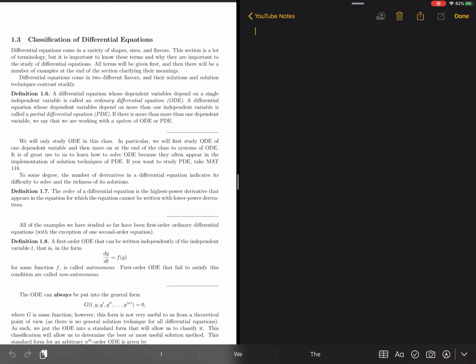But the idea is that everything we study in this lecture series only revolves around a single independent variable. So yes, we can talk about partial differential equations, but that will be for another time. So let's see how we can start classifying these ordinary differential equations, these ODEs as they're called.